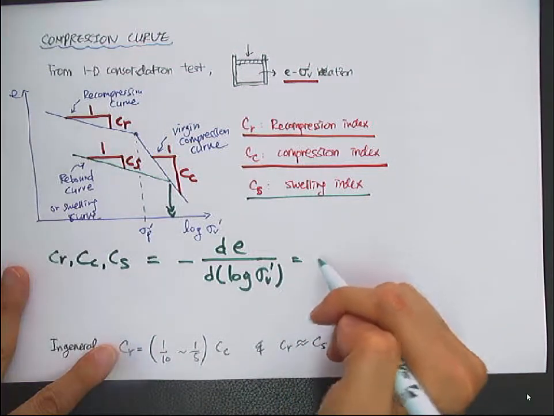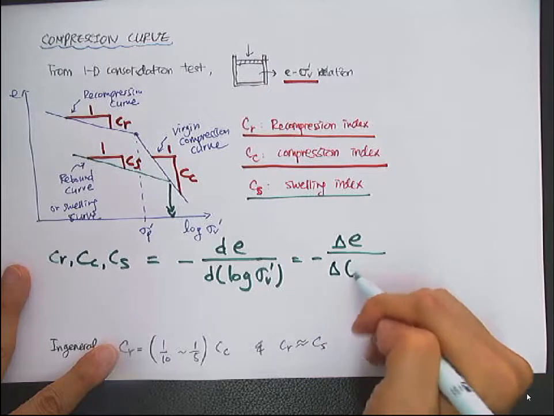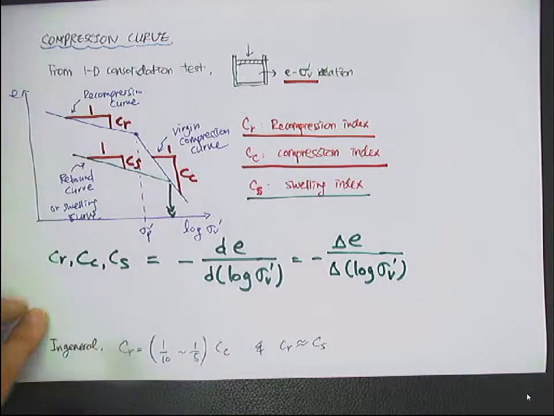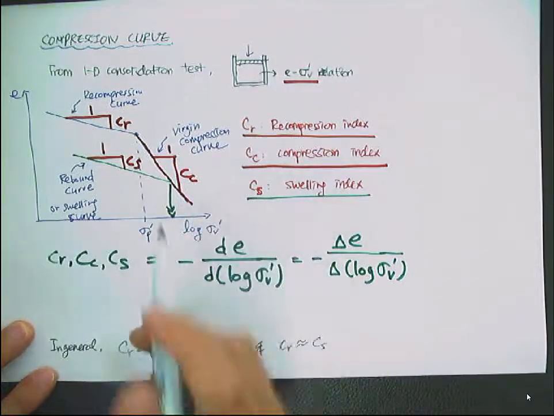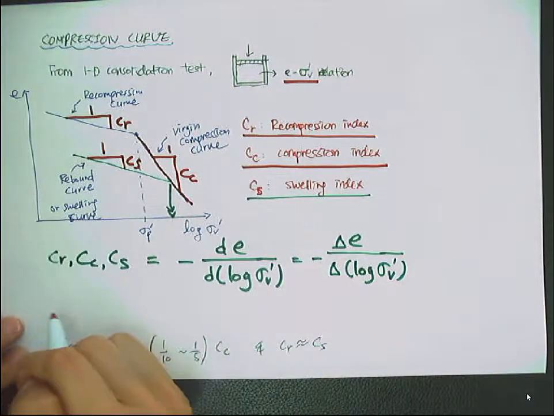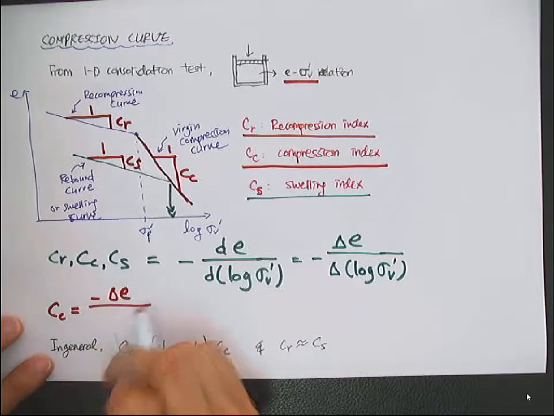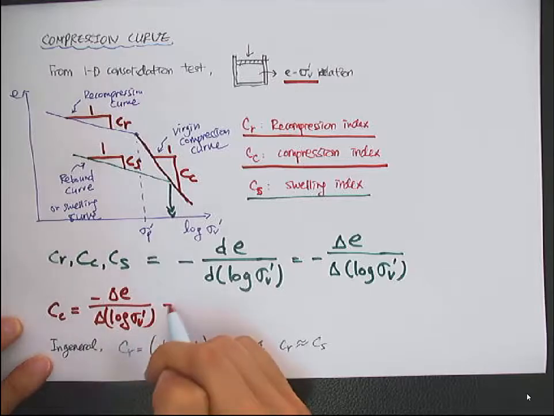So in discrete form, delta e over delta log sigma v prime. So for example, for a compression curve, Cc is minus delta e over delta log sigma v prime.